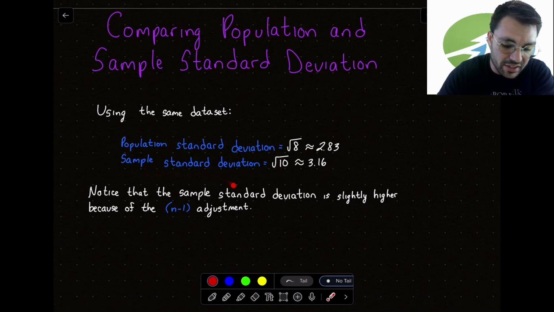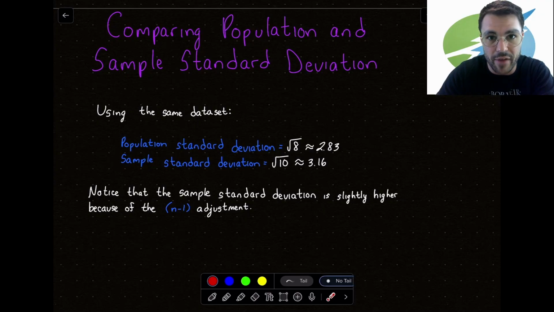We should notice that the sample standard deviation is slightly higher because of the n minus 1 adjustment. Whenever we divide by a smaller number, we get a bigger value output, okay? So whenever you do sample standard deviation or sample variance, it should always be a little bit higher than the population one, but it should be close enough. We're looking for a close approximation, not exact value when we do these type of things.